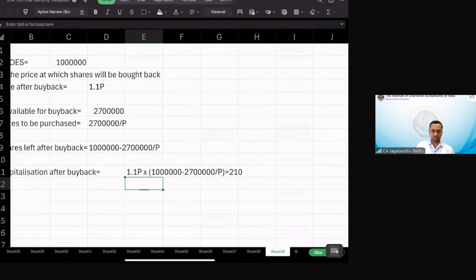So 1.1P into 10 lakh minus 27 lakh by P should be equal to 210.